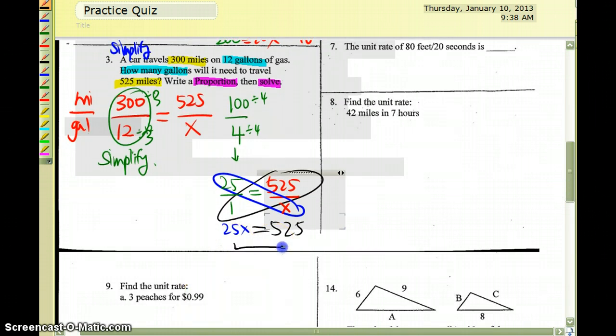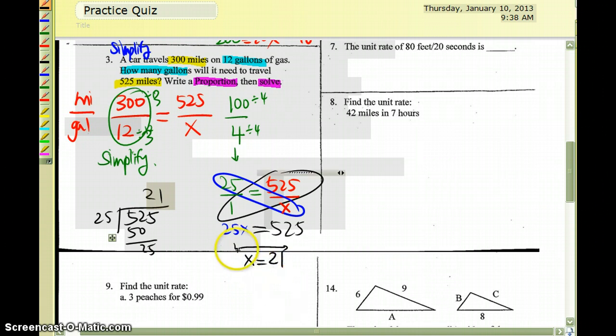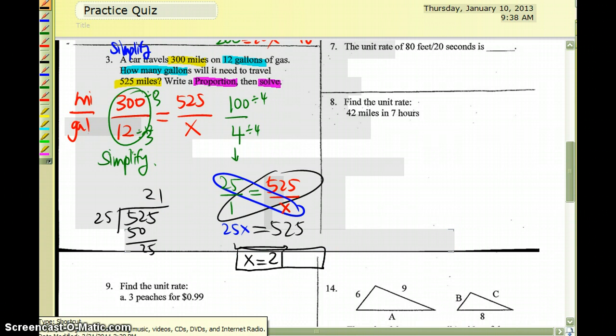Then for here, I'm going to take the 25 over and divide 525 divided by 25. Okay, when I do that, I get 21. So x is equal to 21. That's not my final answer yet because I do need to label it. On your quiz, it'll be half if you don't label. So 21 is going to be gallons because it's asking for gallons. Perfect.